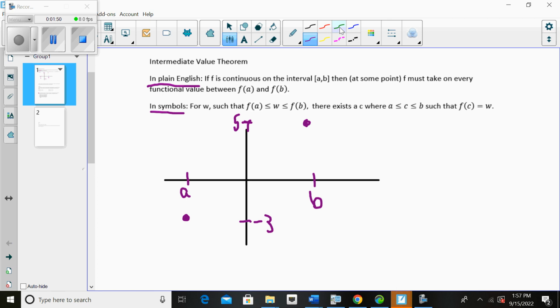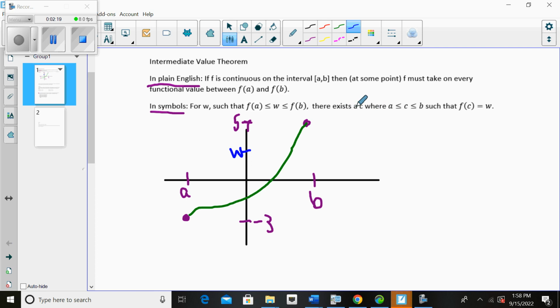So to help you understand the in symbols part, say that the function connected A and B like that, okay? And I came along and I put W right here, okay? So W has to fall in between, so this is f of A right here, this purple dot, f of A, and this purple dot, f of B. W has to fall in between there.